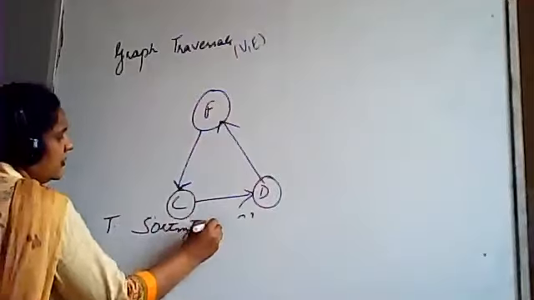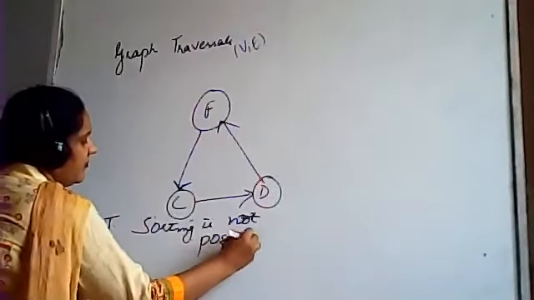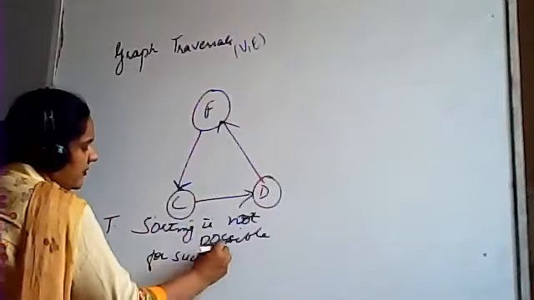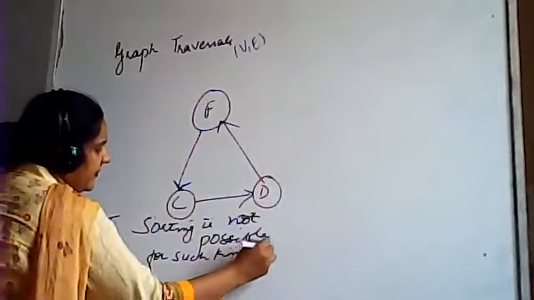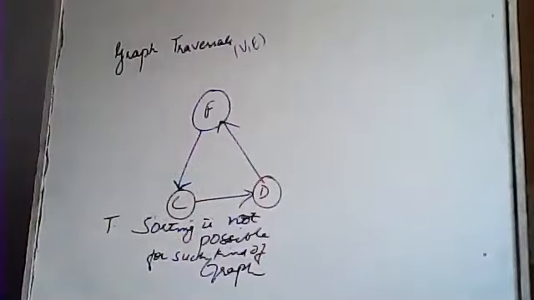Topological sorting is not possible for such a kind of graph. Okay? Is it clear?